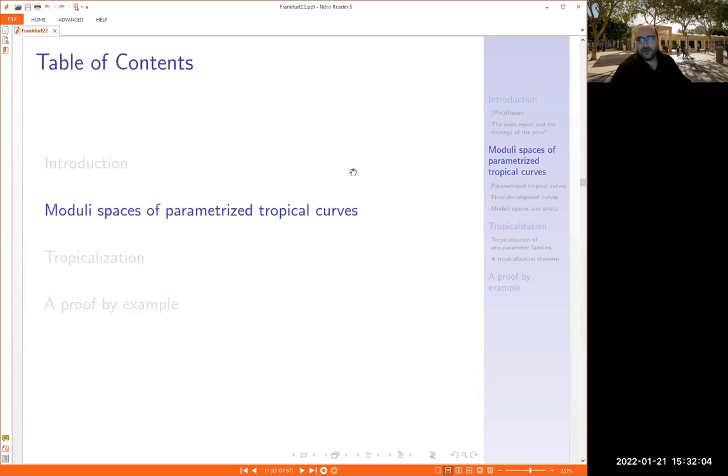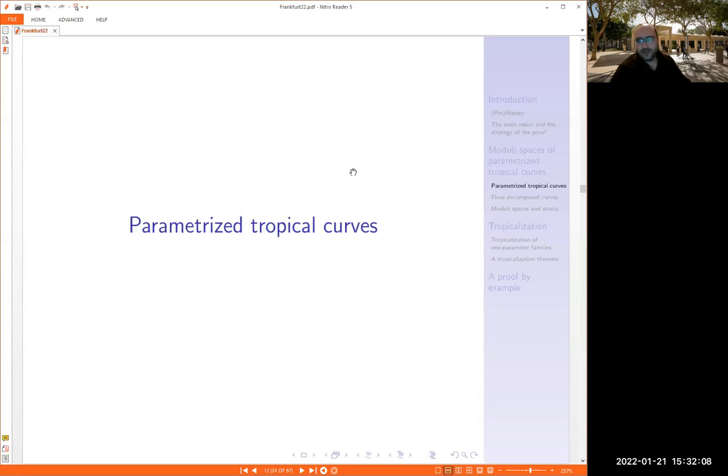So let us talk a little bit about parameterized tropical curves and moduli spaces. I assume that more or less everyone is familiar with these notions, so I briefly remind these things just to be on the same ground with everyone.